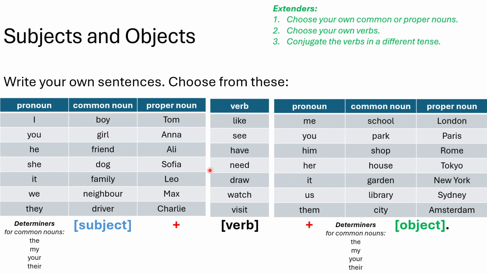Remember, in the simple present tense, the suffix s is added to the end of the verb when the subject is in the third person singular.